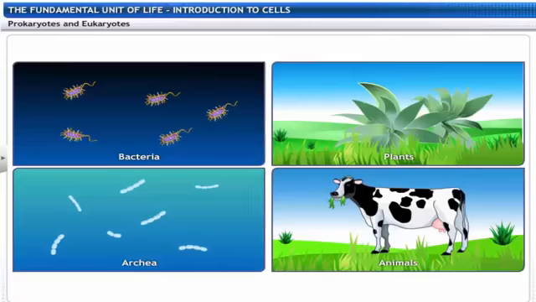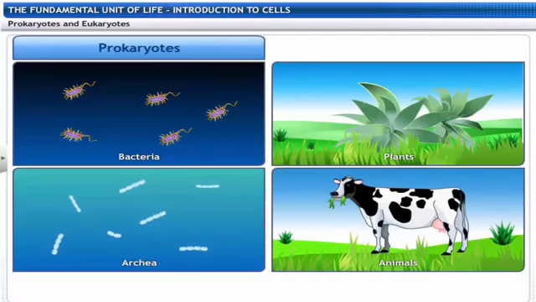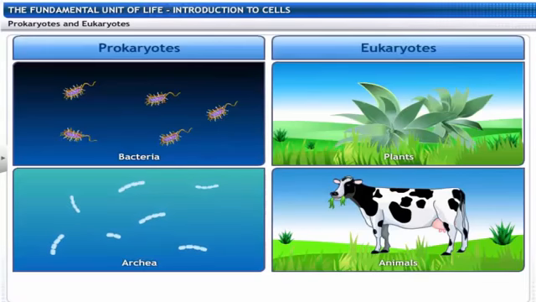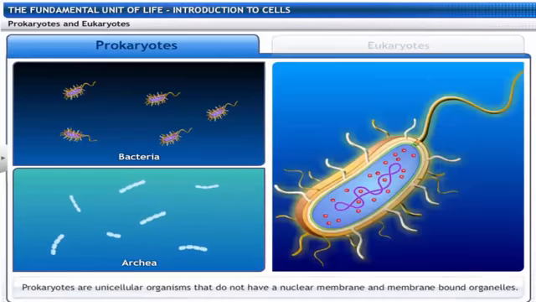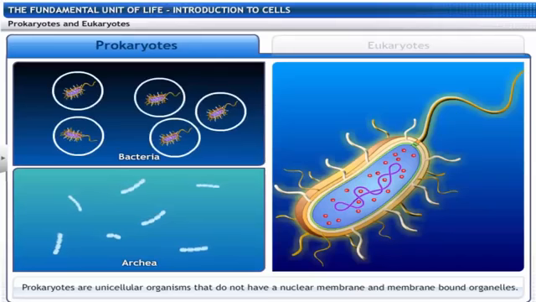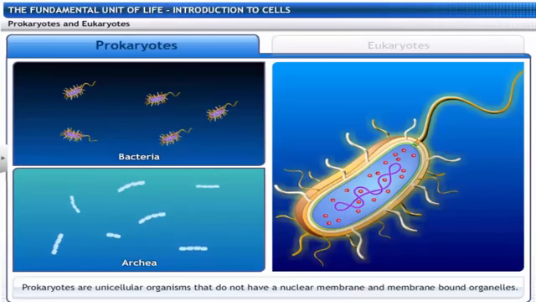Living organisms are also classified as prokaryotes and eukaryotes based on the organization of cellular structure. Prokaryotes are unicellular organisms that do not have a nuclear membrane and membrane-bound organelles, for example, bacteria and archaea.